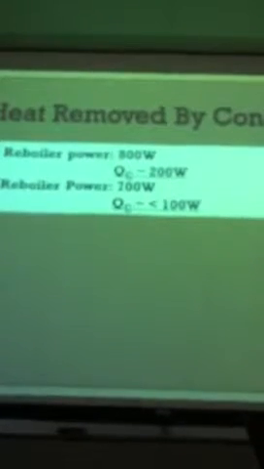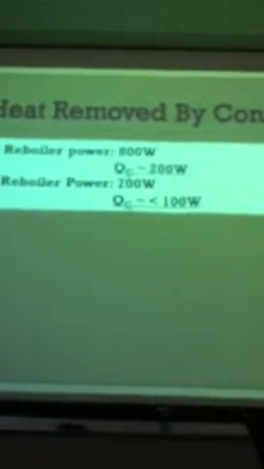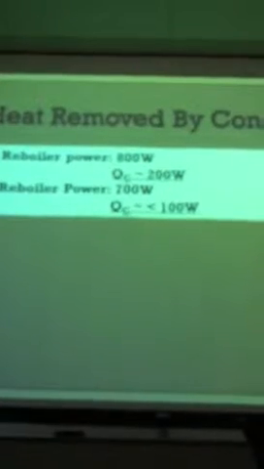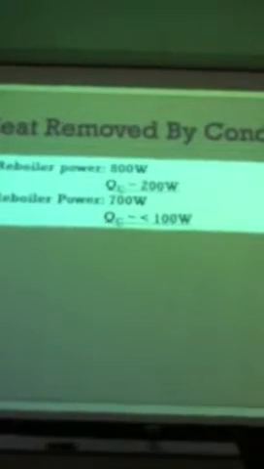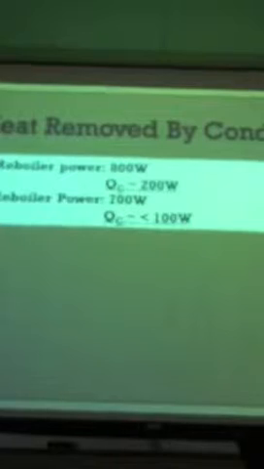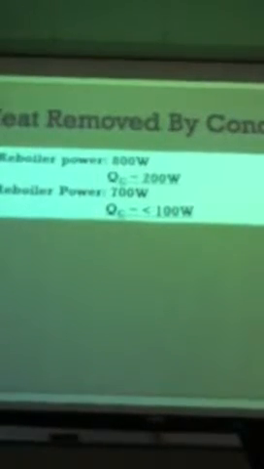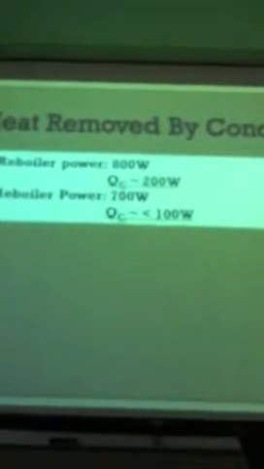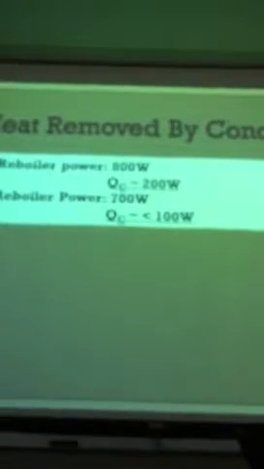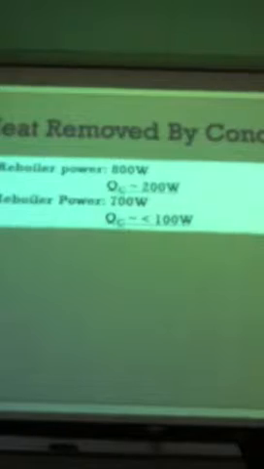So at 800 watts, using that calculation, the condenser roughly removed 200 watts. And at reboiler power of 700 watts, the uncertainty was so high that it's almost negligible.